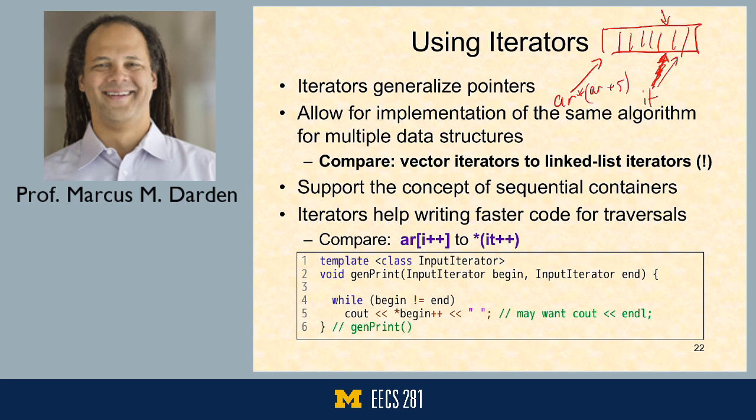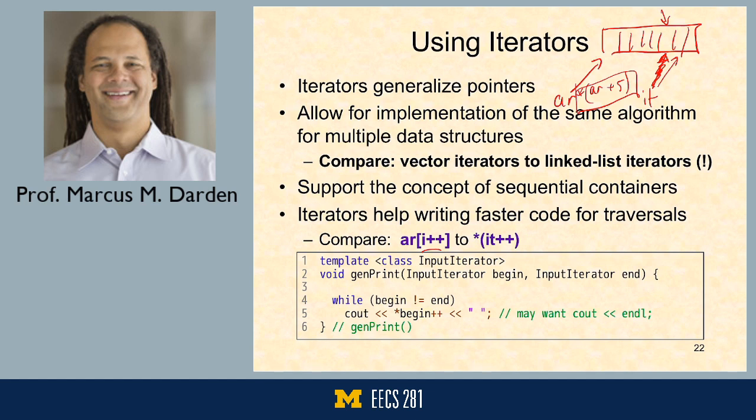If I'm using some I here, every time I want to dereference R with those square brackets, I'm going to have to do this math and the dereference. So that's why iterators write faster code for traversals than your own for loops. Here's an additional addition. That's correct. Exactly. It's better than multiple multiplications.